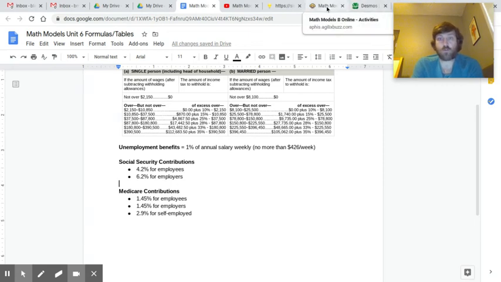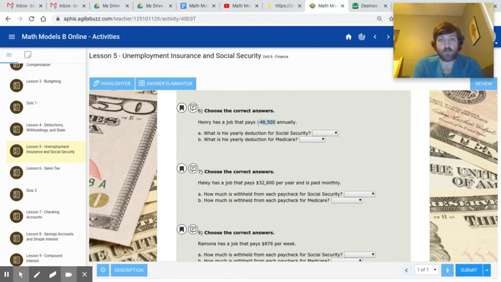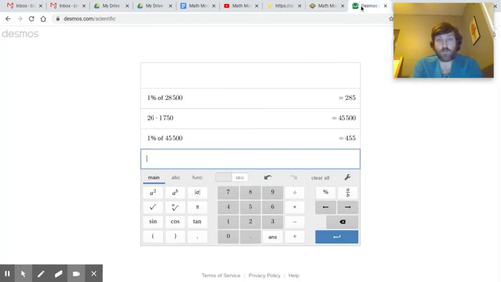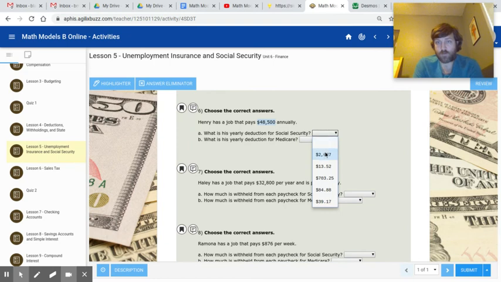So we're going to do 4.2% of this amount right here: 4.2% of 48,500. That is 2,037 annually.